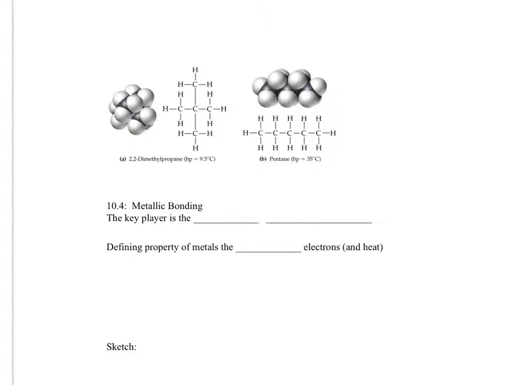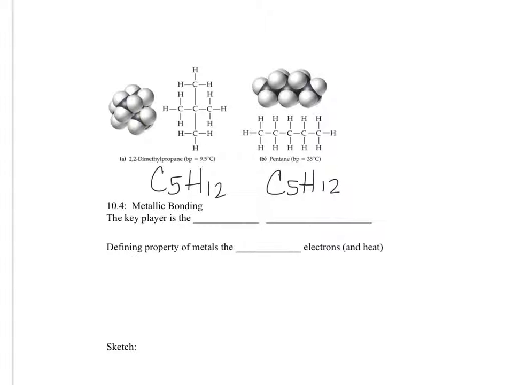Okay, so let's take a look at these two molecules. We have 2,2-dimethylpropane with a boiling point of 95 degrees. And then we have pentane with a boiling point of 35 degrees. So this molecule is C5H12. And this one is also C5H12.